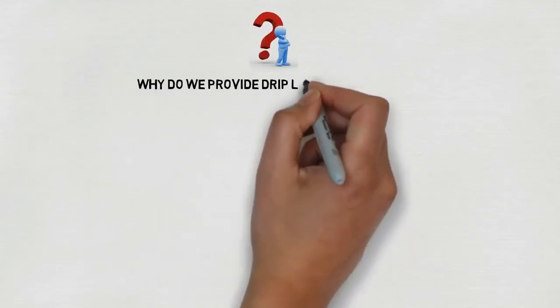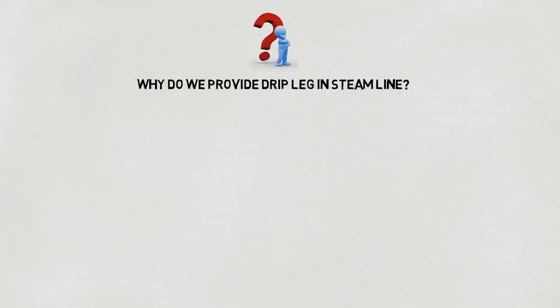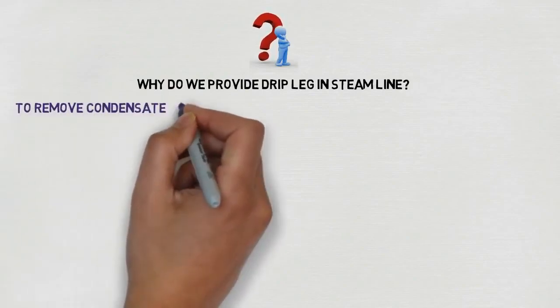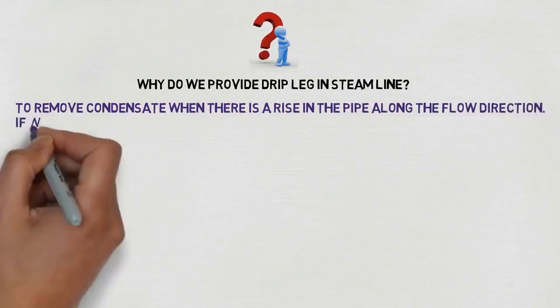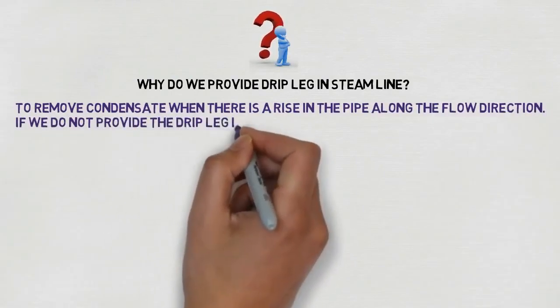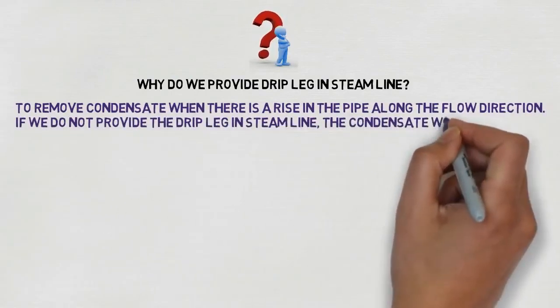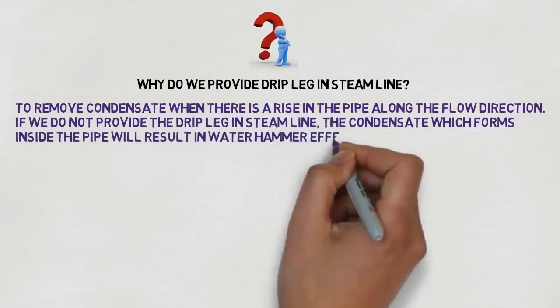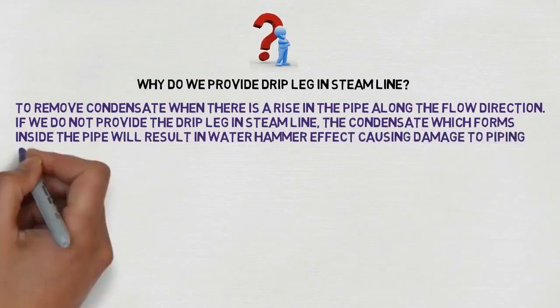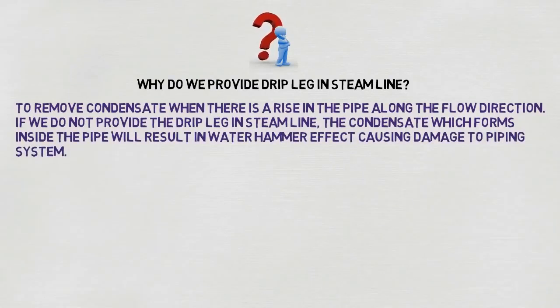Why do we provide a drip leg in a steam line? To remove condensate when there is a rise in the pipe along the flow direction. If we do not provide the drip leg in a steam line, the condensate which forms inside the pipe will result in water hammer effect causing damage to the piping system.